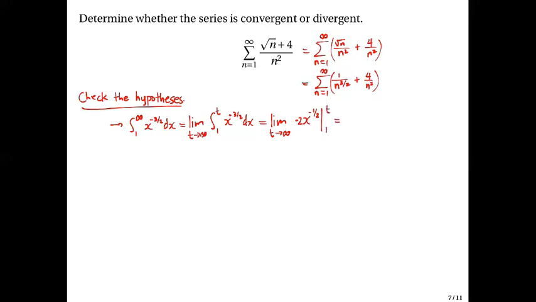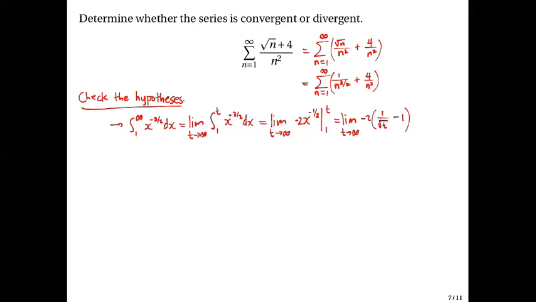So this is the limit as t approaches plus infinity of negative 2 times 1 over square root of t, that's t raised to 1 half. And this is negative, so it will go down. And then at 1, you have minus 1.